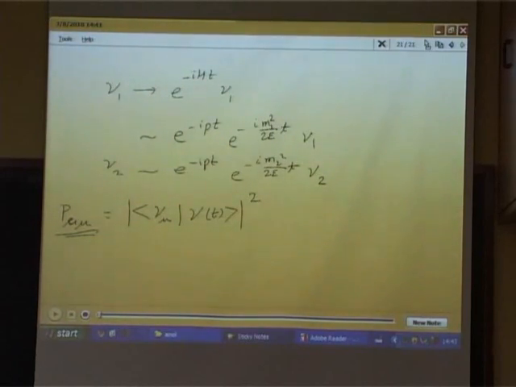But let's say instead of this, I decide to multiply this thing by a constant, which is e^{-i (m2^2 + m1^2)t/2p}, and this also by the same one.